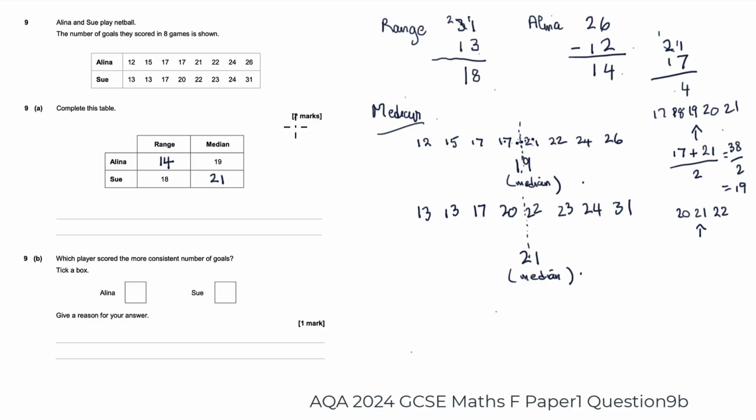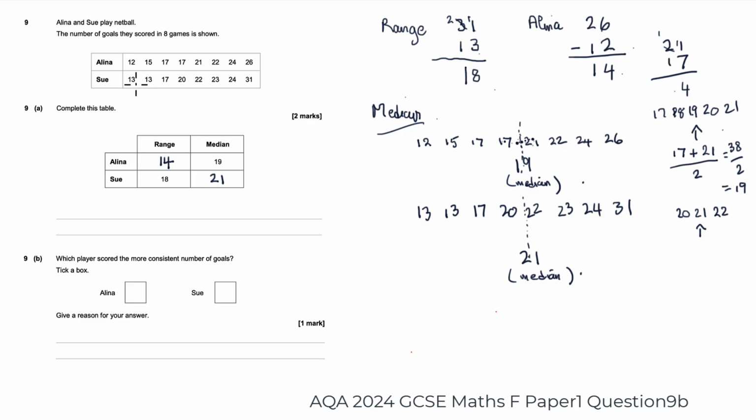Now, how we measure consistency is by the range that we found in part A. If we look at Alina, her range is 14. From her smallest to her largest, there's only a gap of 14. That's more consistent than Sue. Sue's got a range of 18.